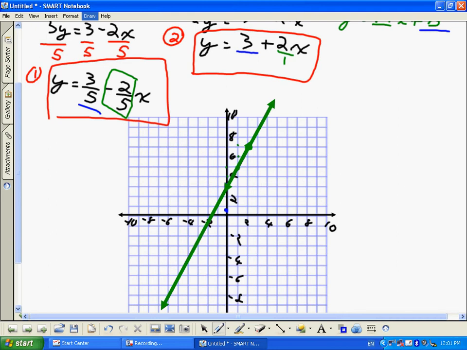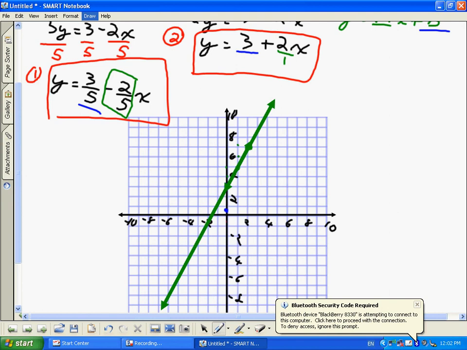From that point, I need to move down 2 and to the right 5. So when I go down 2, I have to move a full unit down. That's 1, 2. I've now gone down 2.